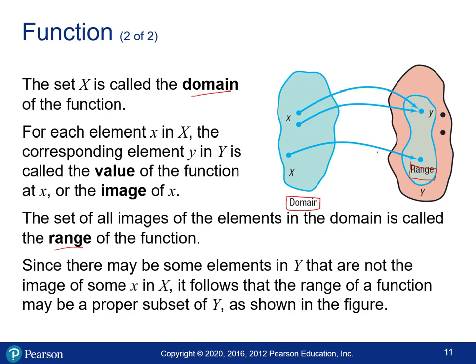Like my vending machine, this would be Snickers, and it was the image of money because money is what was plugged in. There's also this idea that sometimes there might be some values in this output set we're calling y that aren't part of the range, but you don't really have to focus on that.